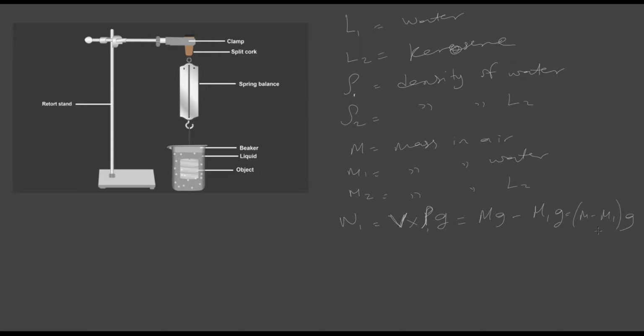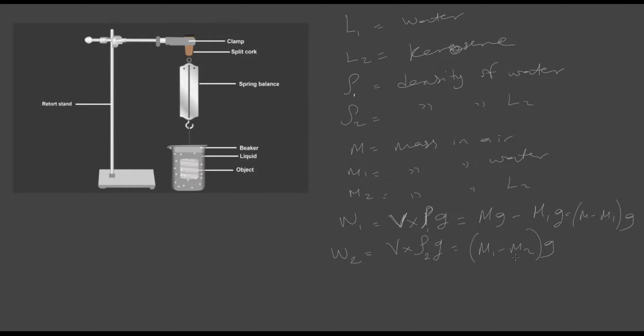Okay, let's do the same computation for the liquid, for L2. So the upthrust in kerosene will be volume, which is constant whether in kerosene or water. The volume of the mass is the same. Then times the density of kerosene times G, and which is equal to (m minus n2)g.